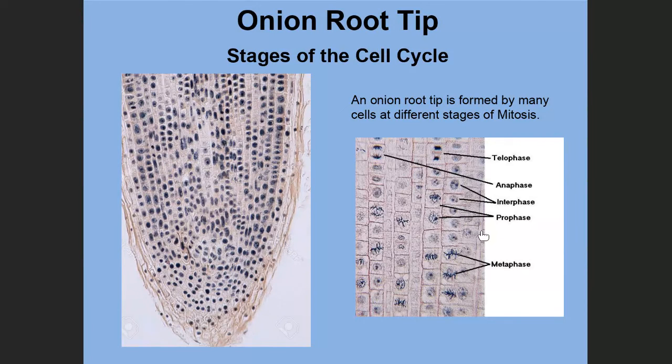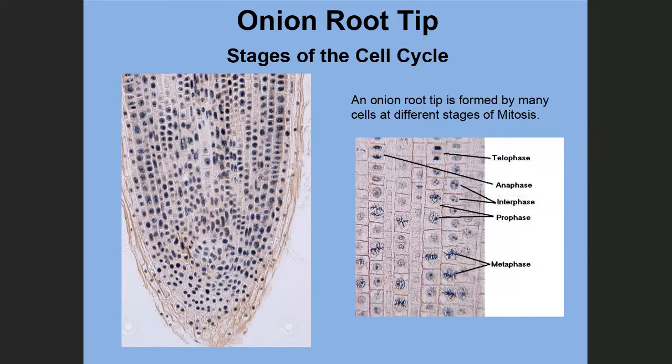Now you're also going to have figures towards the end of the lab that ask you to label stages of cells that are from an onion root tip. What stage of mitosis are they in? Well, you can see here, this is not part of mitosis. This is interphase, okay? But if it asks you to label what stage of mitosis the onion cell is in, then you would list one of the four phases I gave you.